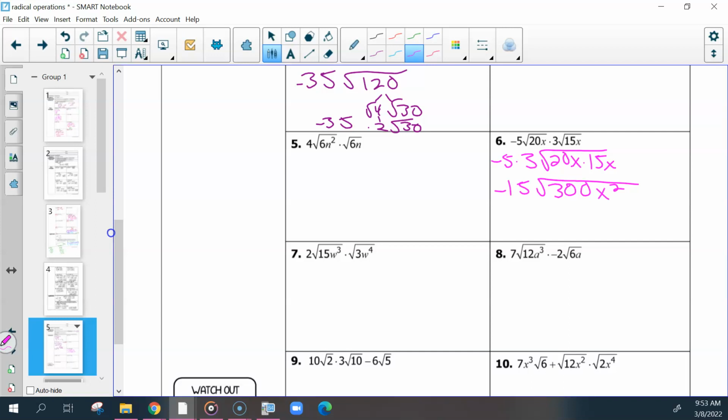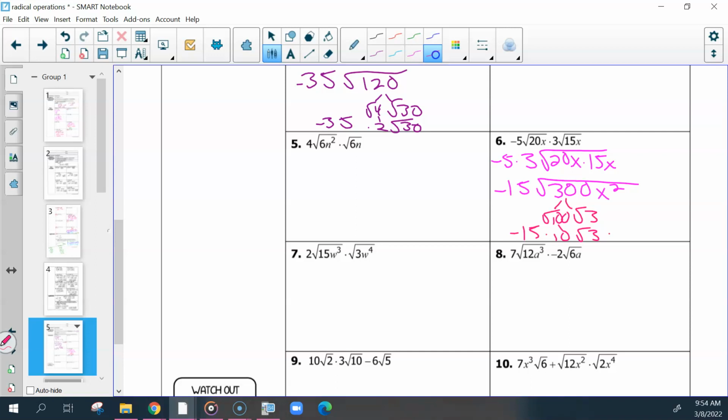So now that we have 300 x squared underneath the square root, we're going to simplify it. What is the highest perfect square we can divide out of 300? 100 and 3. So that would give us 10 times the square root of 3. 2 goes into 2 how many times?